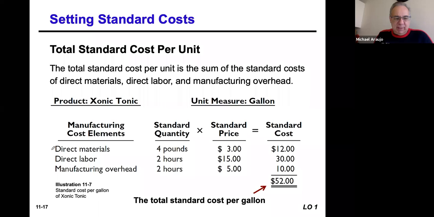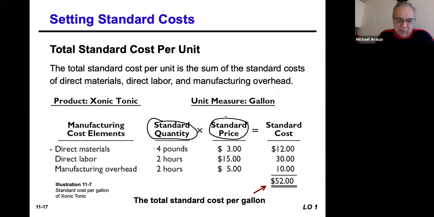Remember, we said it was going to take 4 pounds as the standard quantity. This is important to know. Standard quantity, standard price, these terms are important to know. So you have 4 pounds of materials at $3 a pound, $12 is the standard cost for direct materials.